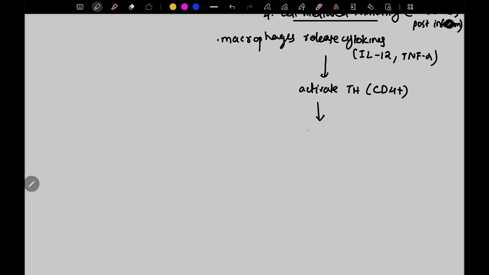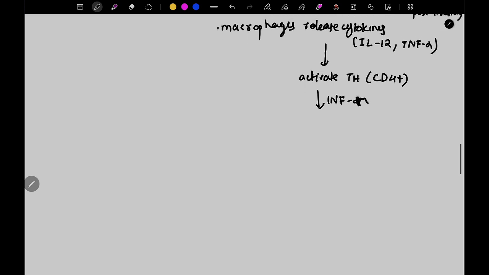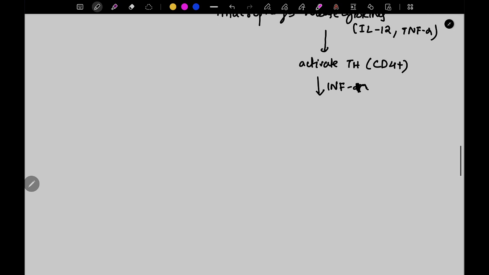These T cells release interferon gamma, which activates the same macrophages and also recruits more macrophages.